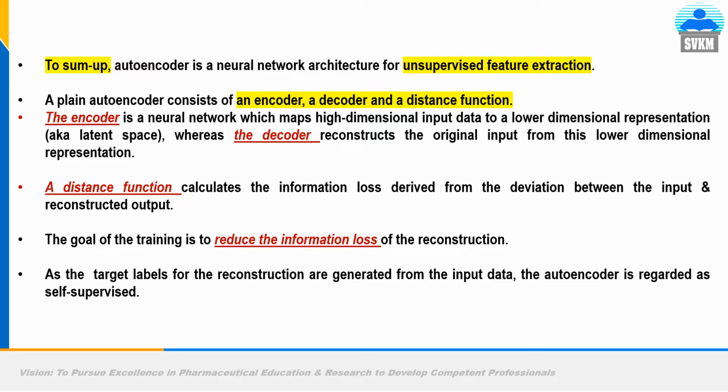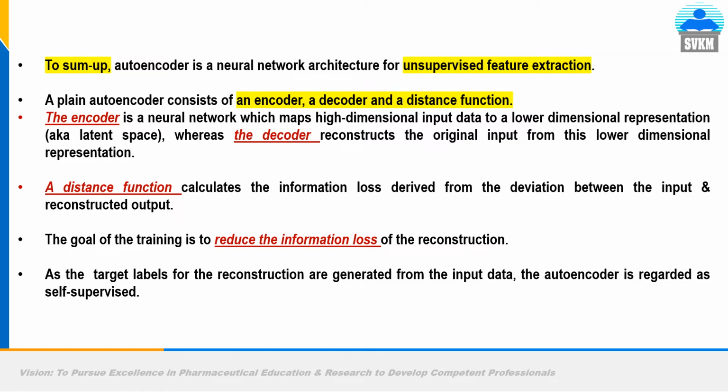The use of this statistical term, distance function, is to measure how far the deviation in output is from the input. The goal of training is to minimize the information loss, as the target labels for the reconstruction are generated from the input data.